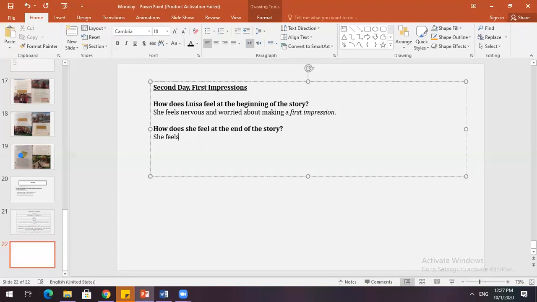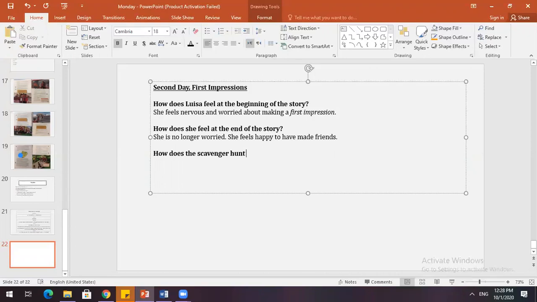Okay. So she is no longer worried. She is happy to have come to this town and made friends. And how does the scavenger hunt help Louisa?